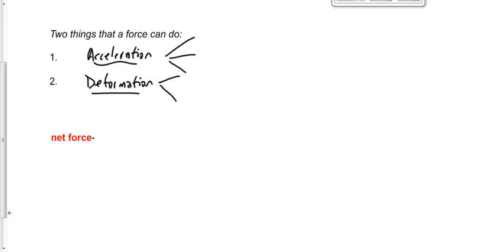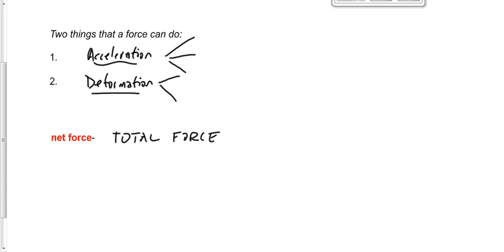What's a net force? Remember the analogy we used with my net pay or with your net pay? What's the difference between gross pay and net pay, Laura? Yeah, it's the total force or the sum of all the forces. Sometimes we call the net force an unbalanced force.